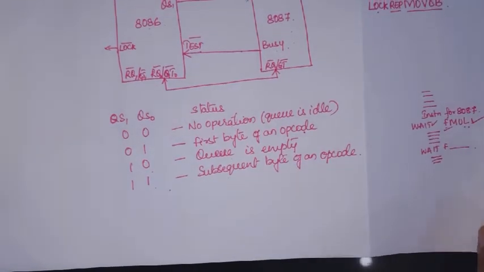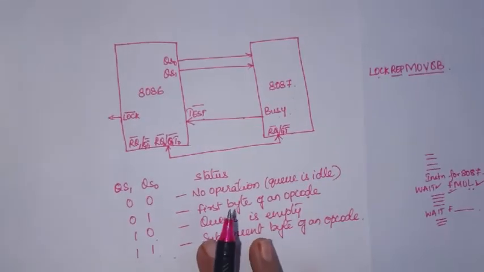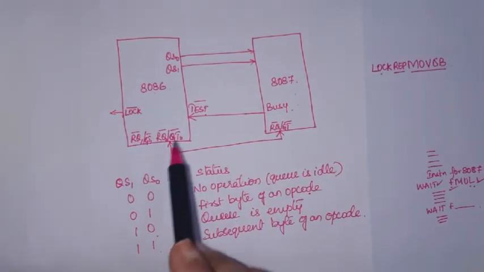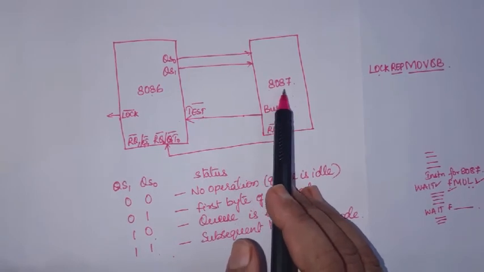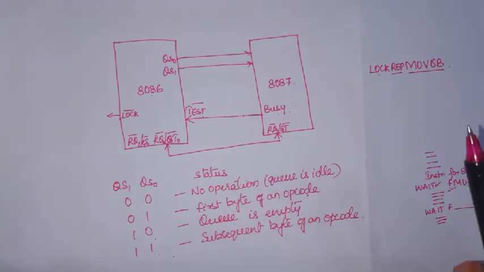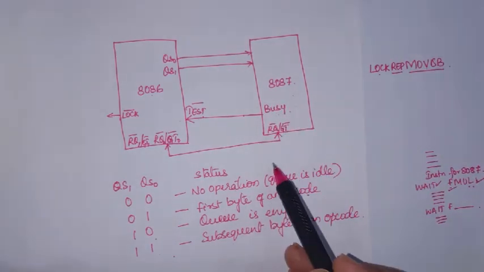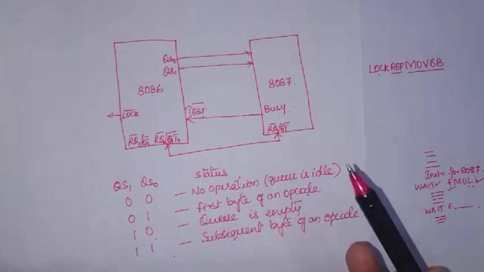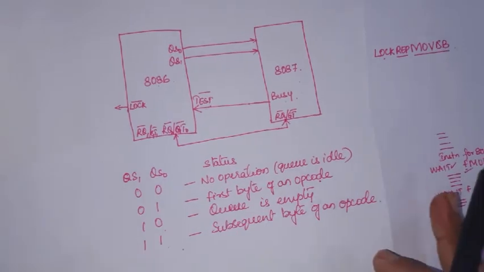The compatible processors are the math coprocessor 8087, which can perform floating point arithmetic, and one more processor, the 8089 IO processor, input output processor.